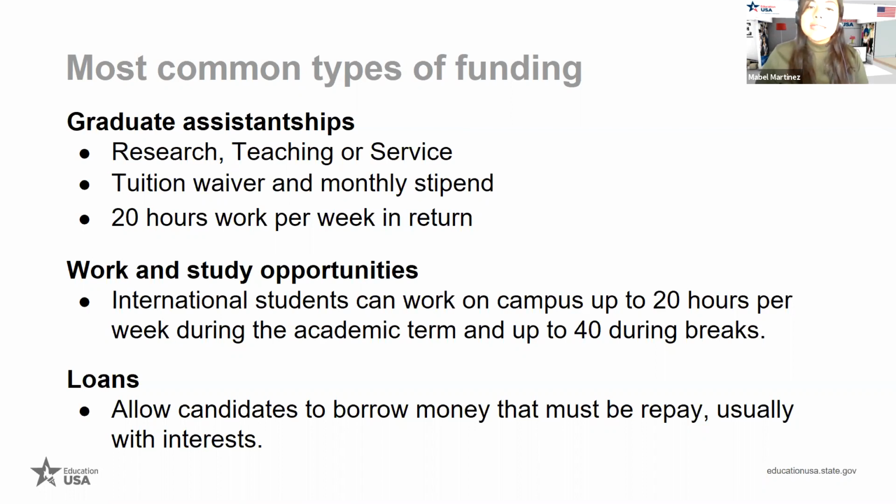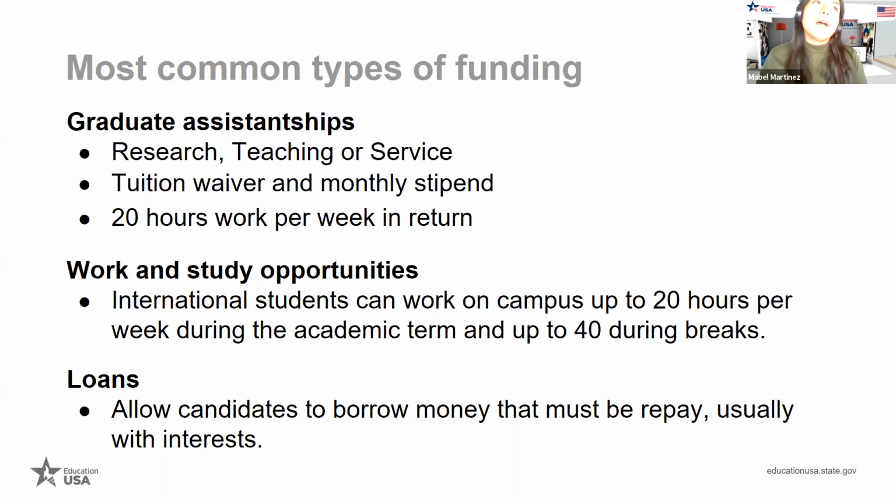Or there's a third type of assistantship, the service assistantship, where you can work in a library, in the gym, or at the graduate office at the university. So it will depend on the university policies about how the university will grant the assistantships. But there are different types of assistantships.